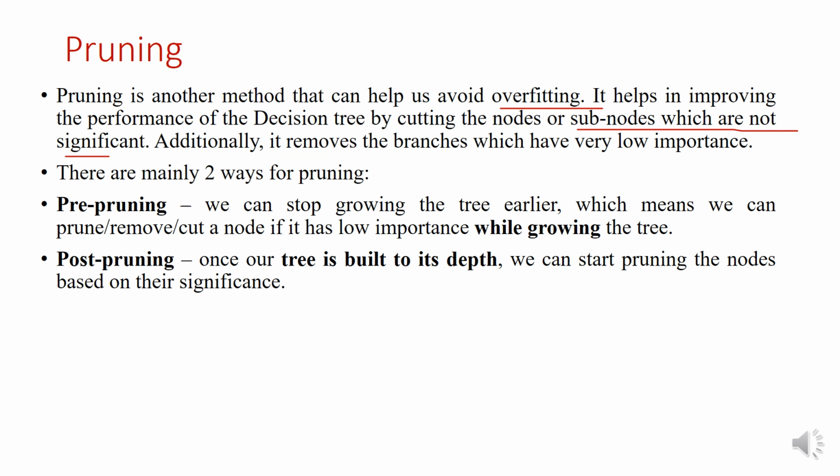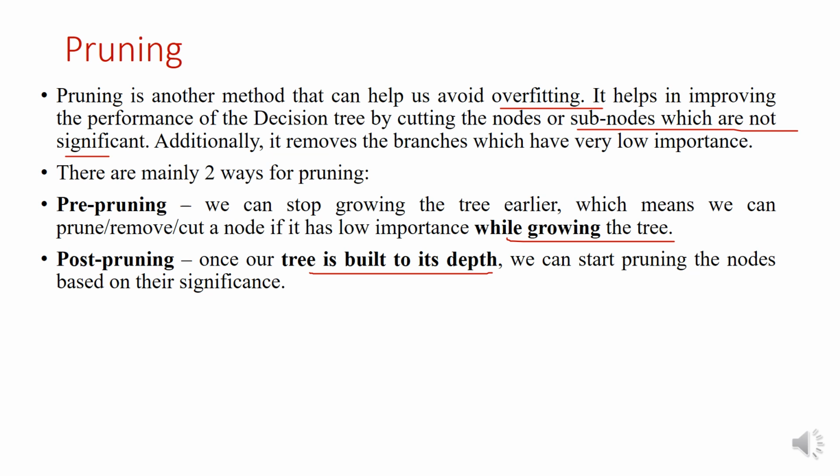Coming to pre-pruning, we can stop growing the tree earlier, which means we can remove or cut a node if it has low importance while growing the tree. If the node has little importance, then you can remove that node. Post-pruning means once our tree is built to its depth, once we have already constructed the tree, we can start pruning the nodes based on their significance.